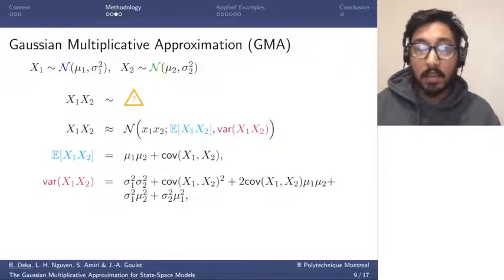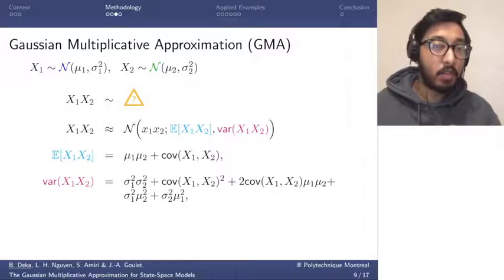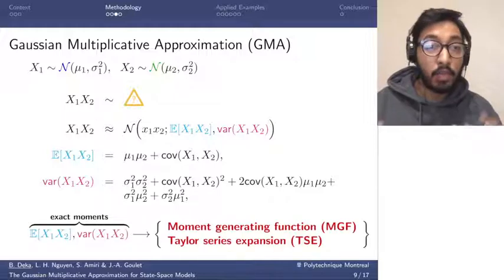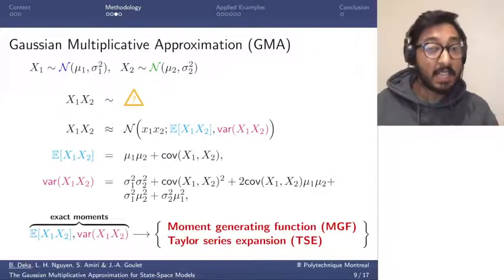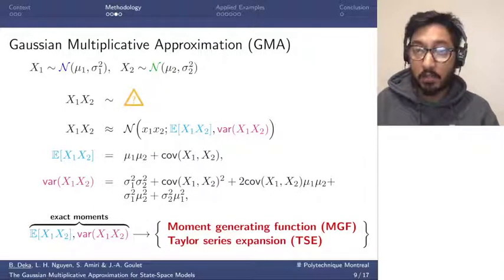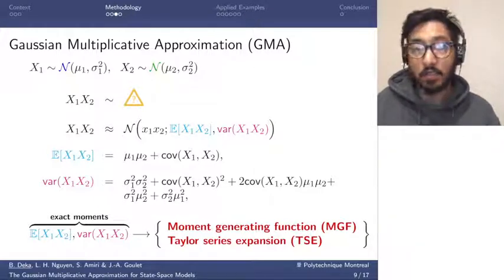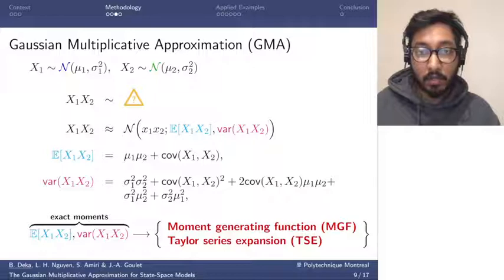This means that both these moments are a function of just the parameters of individually x1 and x2. We show the derivation of these exact moments using the moment generating function as well as Taylor series expansion in the appendix section of our paper if you want to have a look.